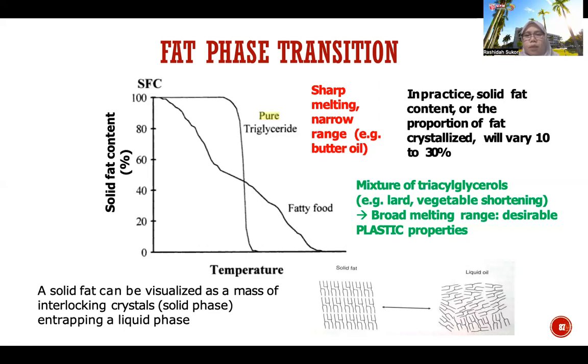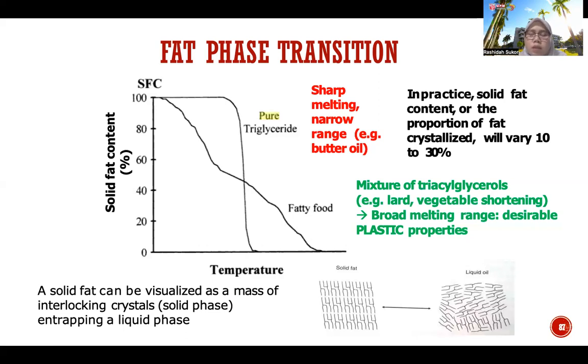In practice, the solid fat content, the proportion of fat with glycerides, will vary from 10 to 30%. A mixture of triglycerides, for example lard or vegetable shortening, has a broad melting range and desirable plastic properties. So that's why in baking, normally lard, which of course is non-halal, is taken by rendering the fat from the swine.